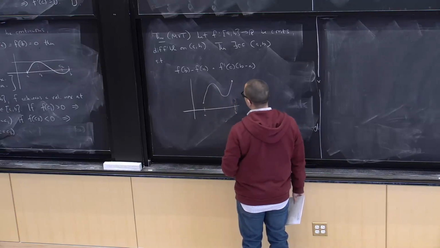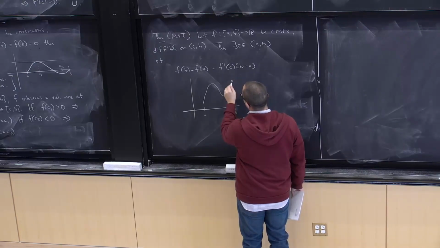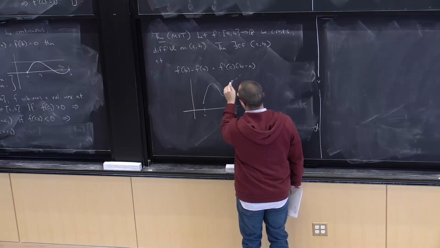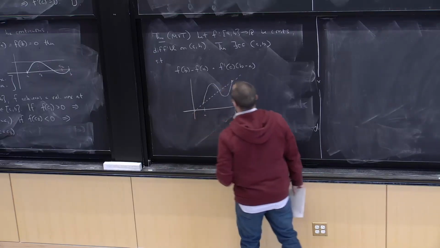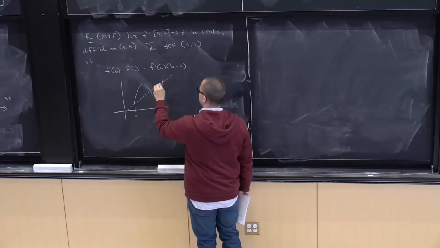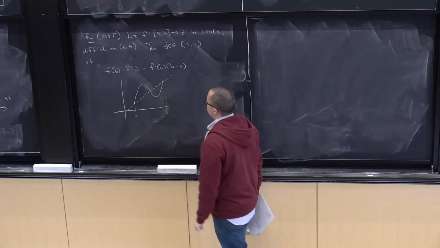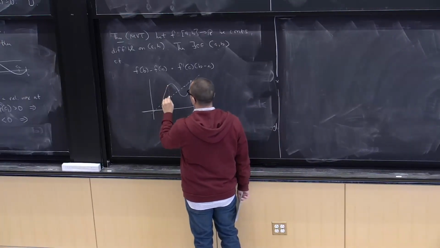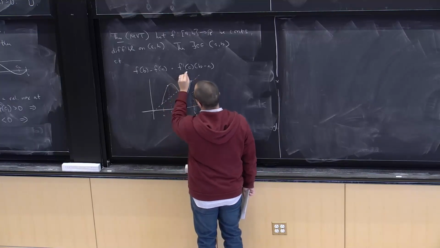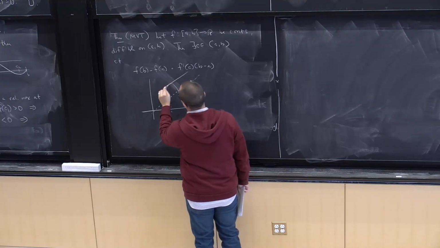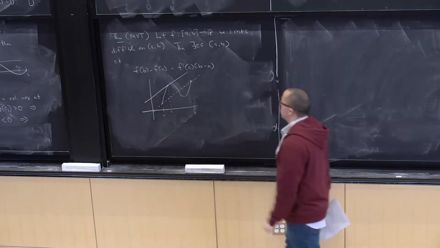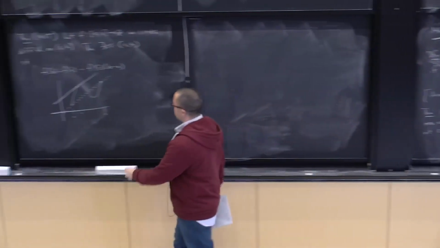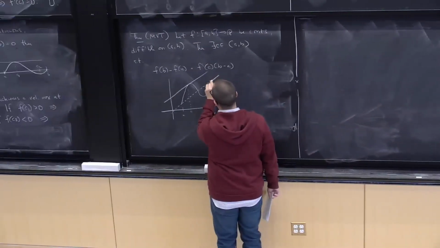Now, the slope of the line connecting f of b to f of a is exactly f of b minus f of a over b minus a. And what we're stating is that there's a point c so that the tangent at that point is parallel to that line, has the same slope as the line connecting f of b to f of a.